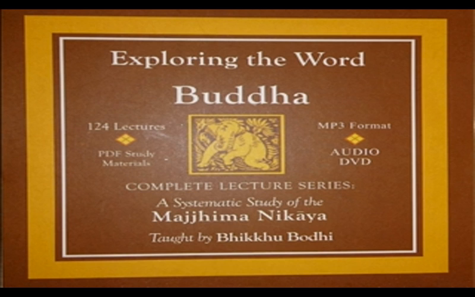In the standard passage about sense restraint, it's another technical point. Okay, I will bring it up, but I won't use the Pali, because then you have to explain how verbs are formed.